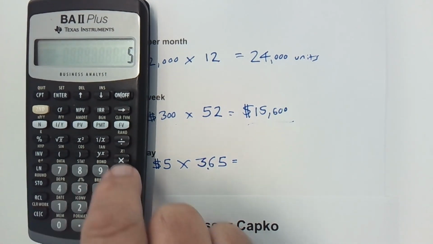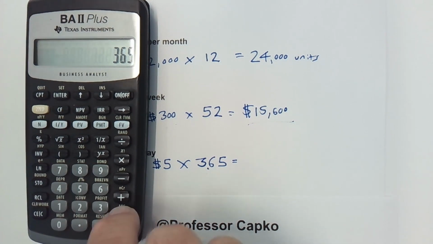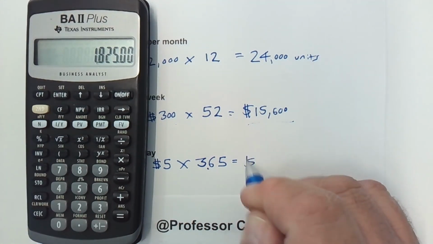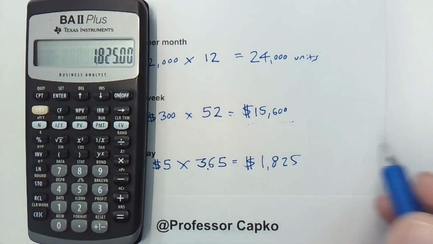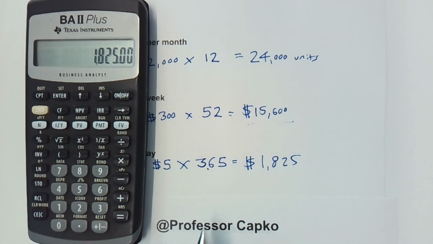So $5 times 365 is equal to $1,825. There you go. So if you were spending $5 a day on a coffee and you do that 365 days a year, you've just spent $1,825. That is annualizing it.